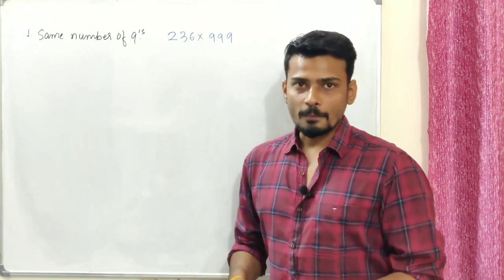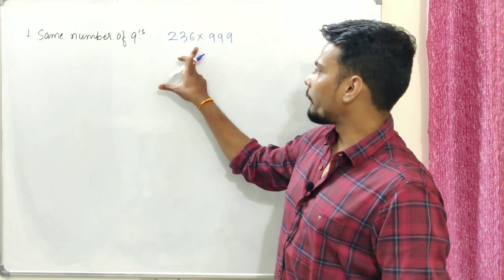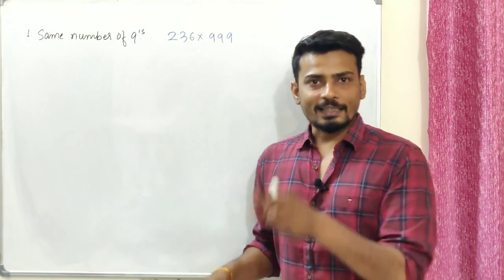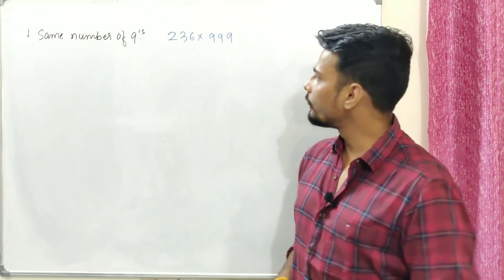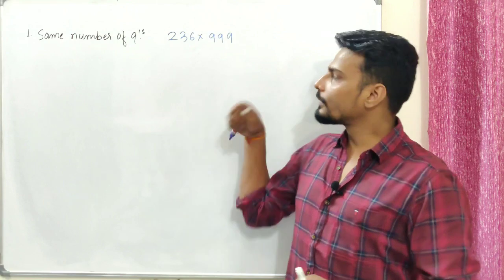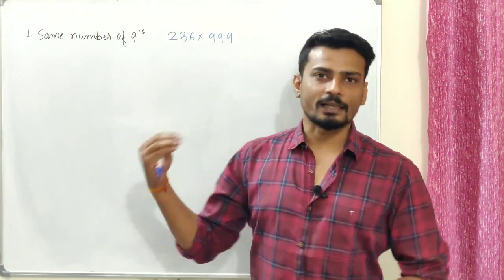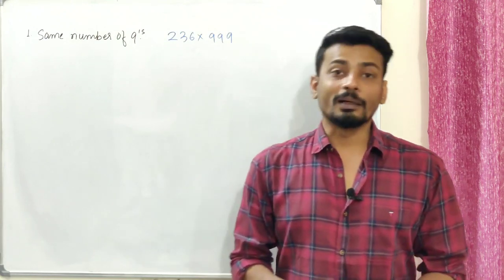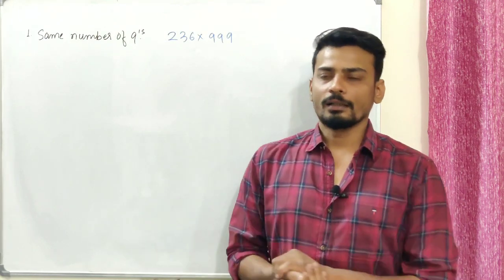I'm going to teach you how to do the multiplications when the number of 9s is equal to the number of digits. The second case will be when the number of 9s is more, and the third case when the number of 9s is less. These are the three parts which will come to you when it is multiplications involving 9.